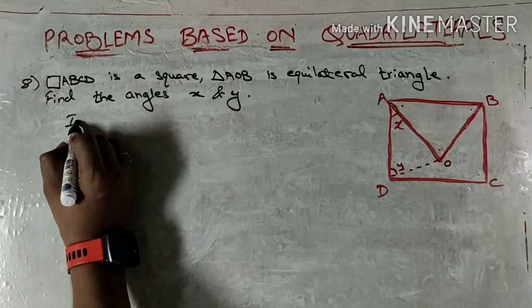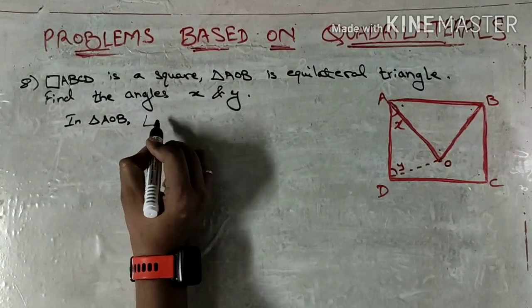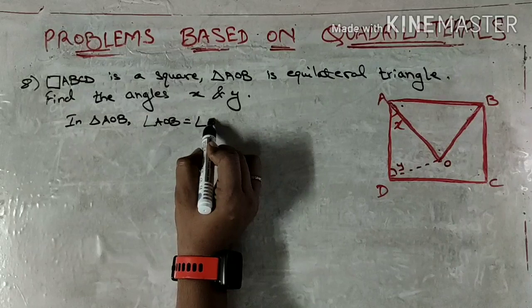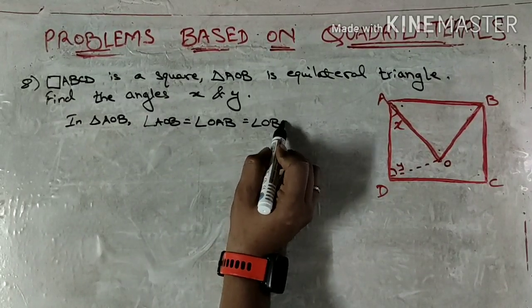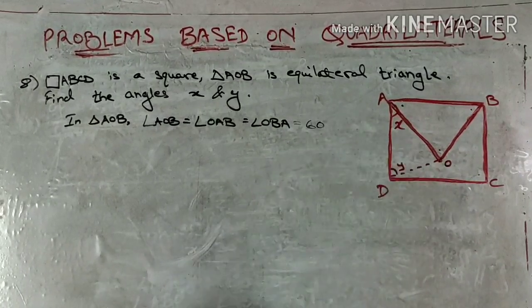So in triangle AOB, angle AOB is equal to angle OAB is equal to angle OBA is equal to 60 degrees.